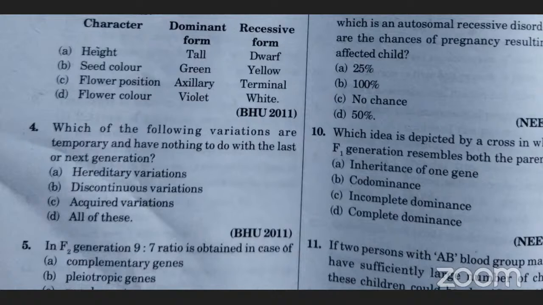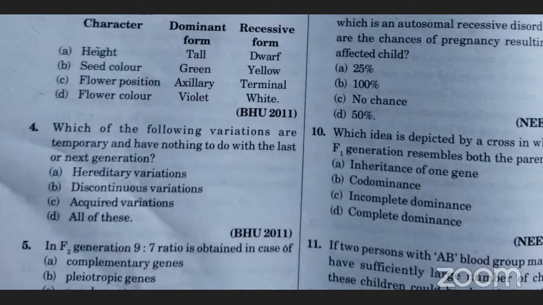For example, loss of a limb in an accident. So the answer is acute variation.